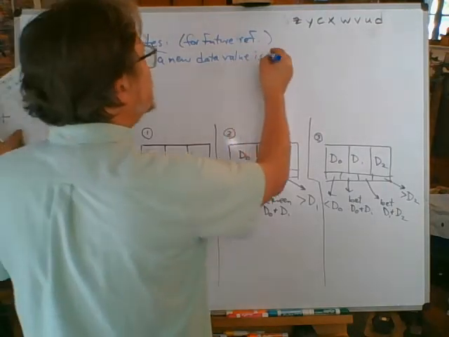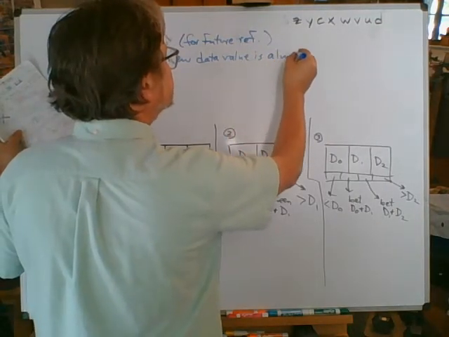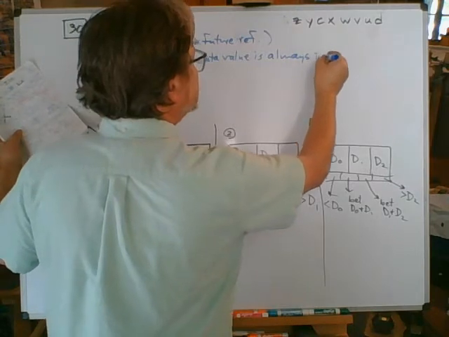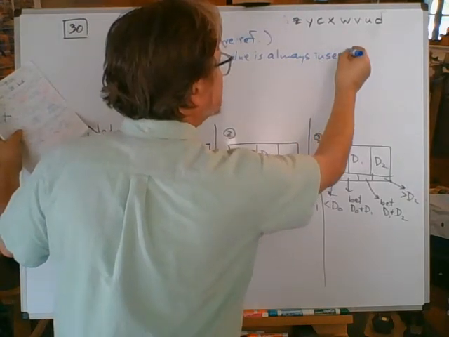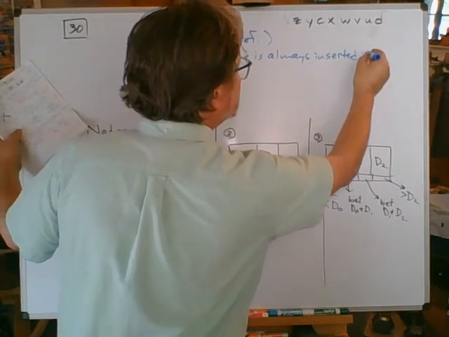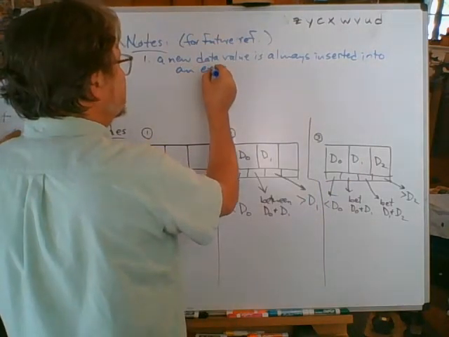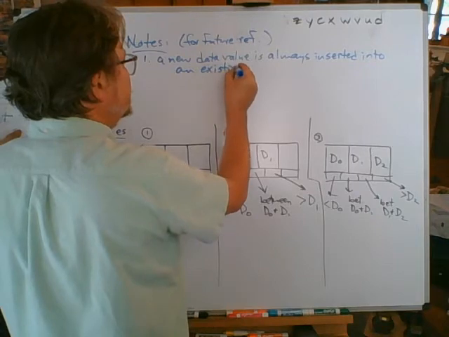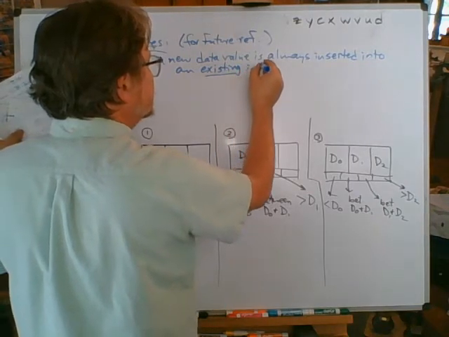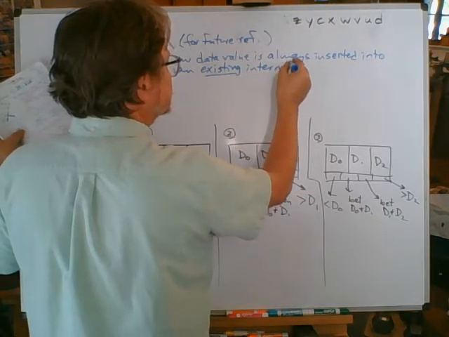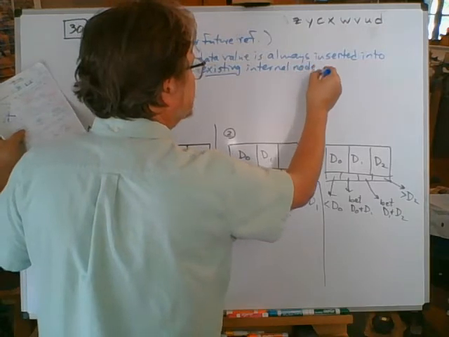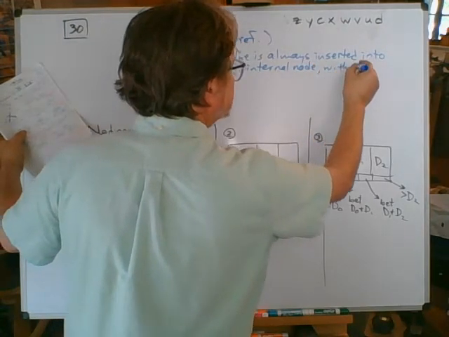A new data value is always inserted, or put, it's the put operation, into an existing internal node with no children.